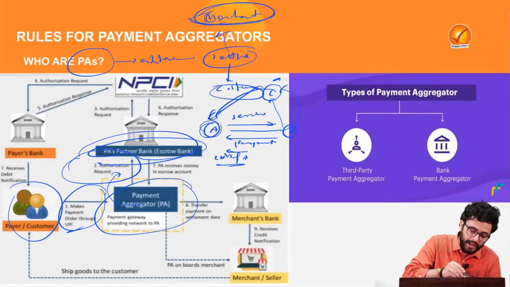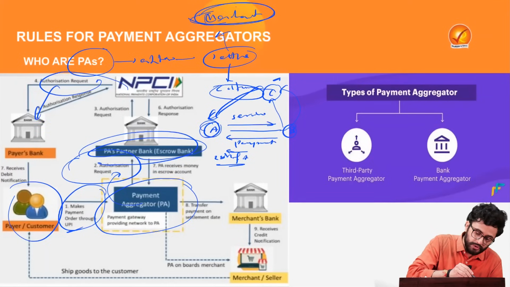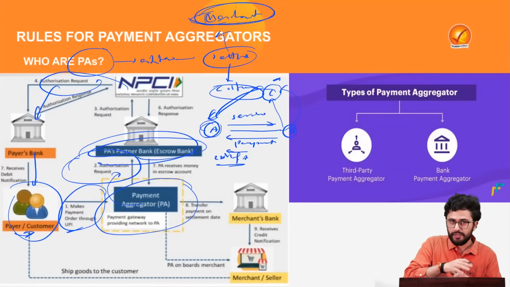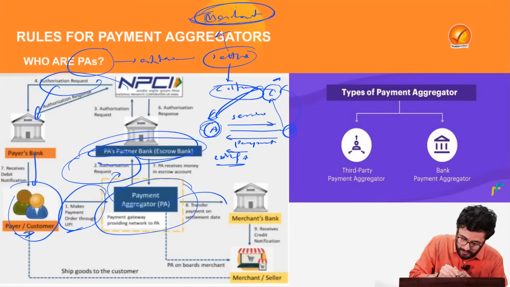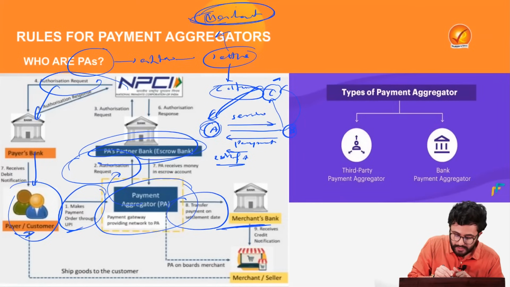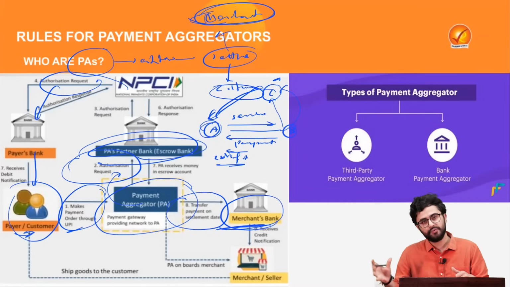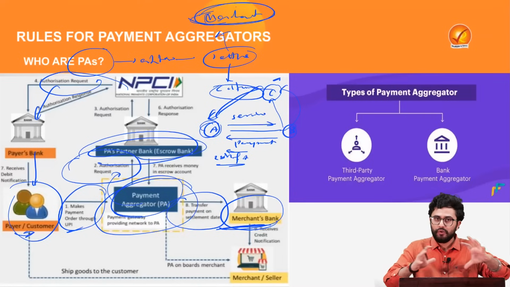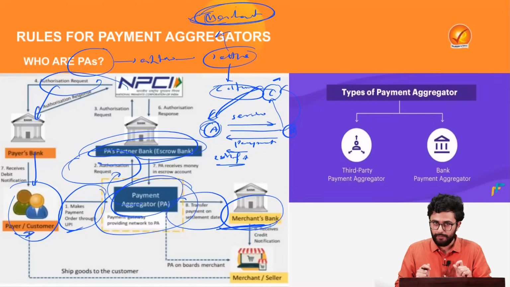Similarly, the escrow bank will do the authorization request to the payer's bank, and the payer's bank will provide the customer the money. And the transfer of the payment will take place on the settlement date to the merchant bank as well. Thus, payment aggregator is acting and incorporating various modes of payment.